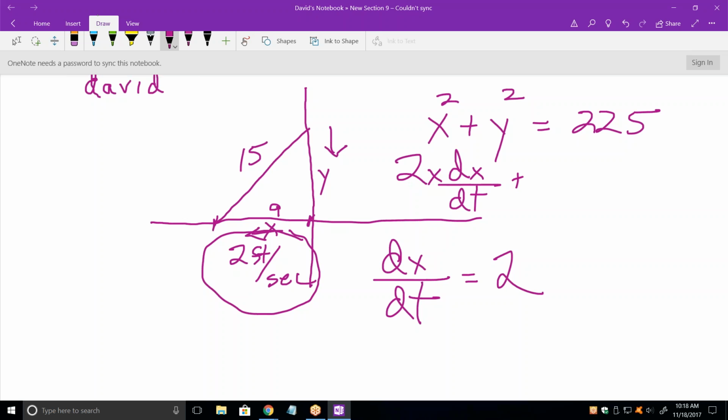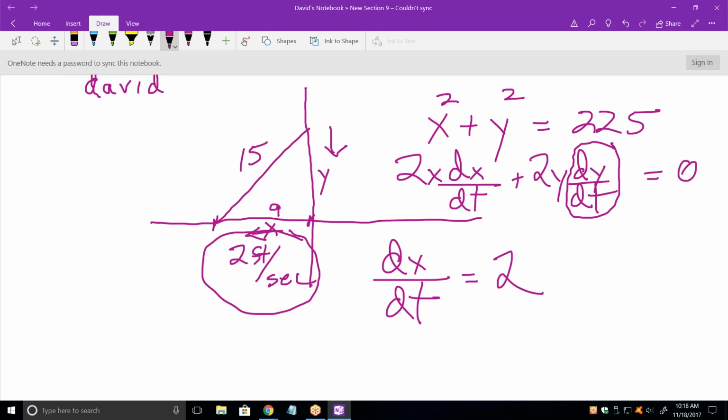And then that is 2y dy/dt, and that's 0. They want us to solve for dy/dt, the rate that the top of the ladder is falling down the wall.